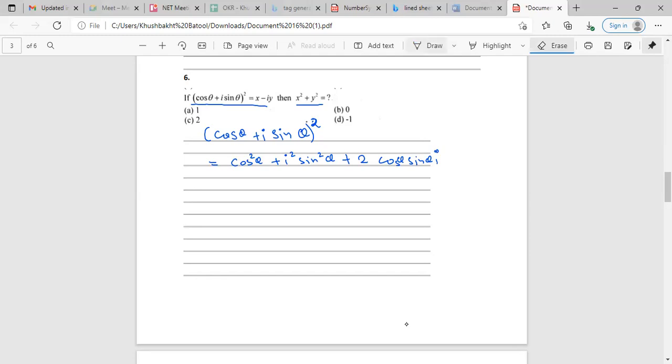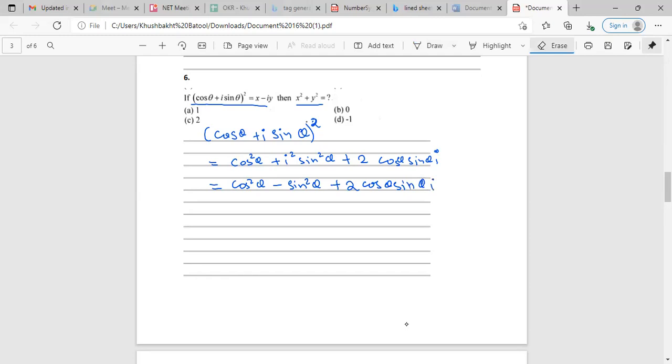Now this is basically cos square theta, and iota square is -1, so it would be minus sine square theta plus 2 cos theta sine theta iota.